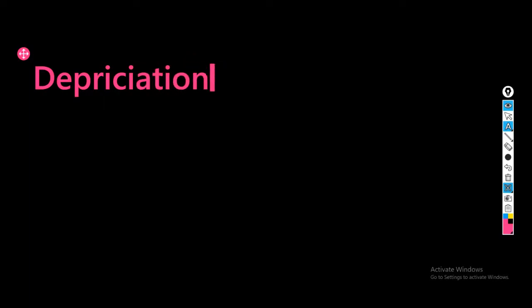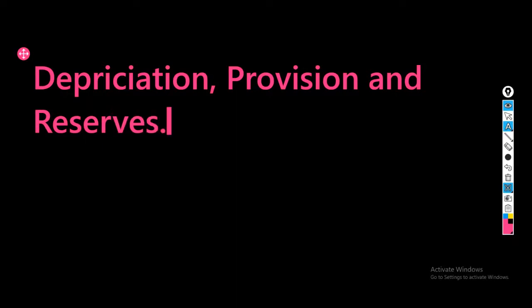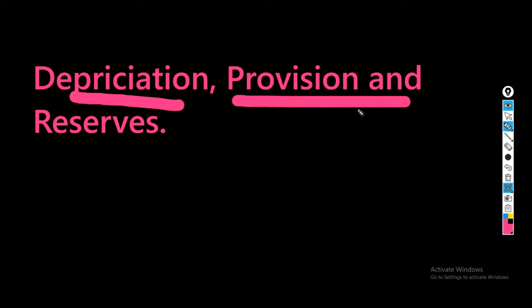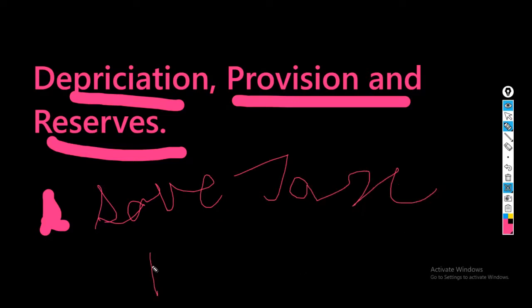Most of the laws of the government are applied to these three only, because there are a lot of loopholes in these three and they can be easily exploited to save tax, and to increase or decrease profit.